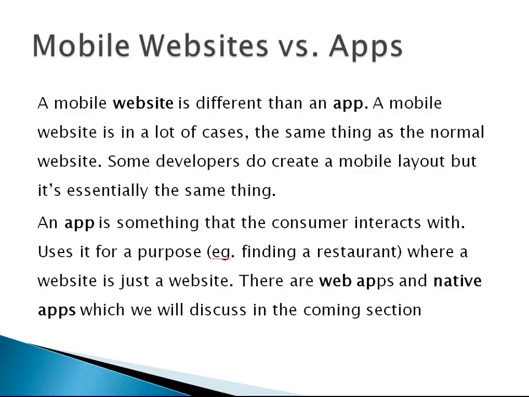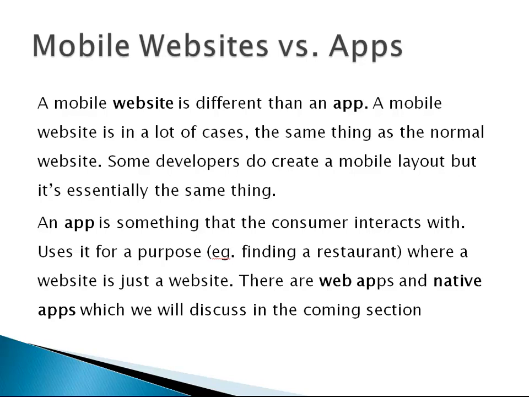We can just make a 2-page informational website and turn that into an app that can actually be installed on your mobile device. But usually an app is something that the consumer interacts with, using it for a purpose, to find a restaurant or to make bank transactions. It usually has some kind of dynamic functionality as opposed to just an about page or something like that.